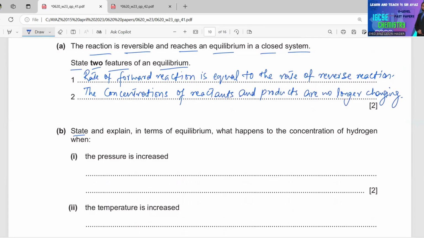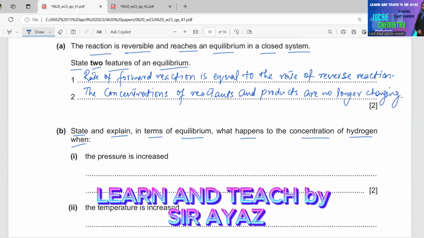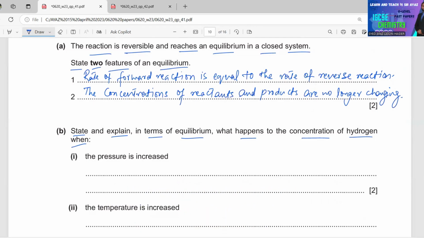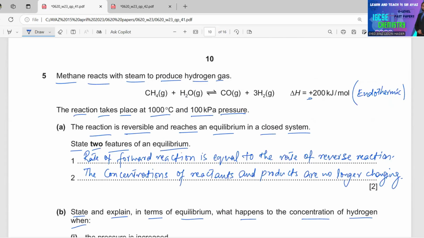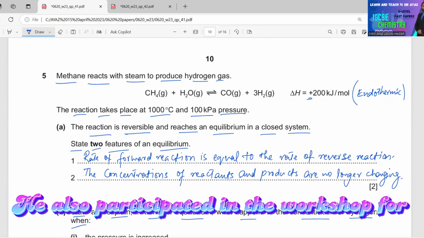Part B, state and explain in terms of equilibrium what happens to the concentration of hydrogen when the pressure is increased. So if you increase the pressure, what will happen? The equilibrium will shift to the side where there will be fewer moles of gas. So let's write the number of moles or volume of gases on both sides.